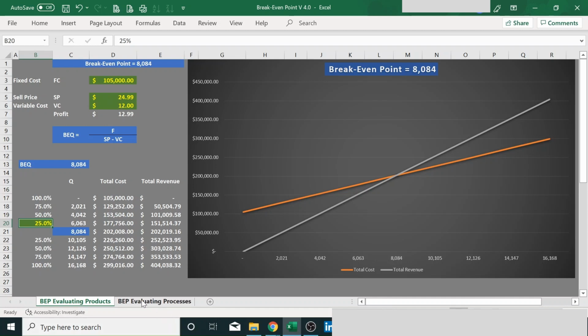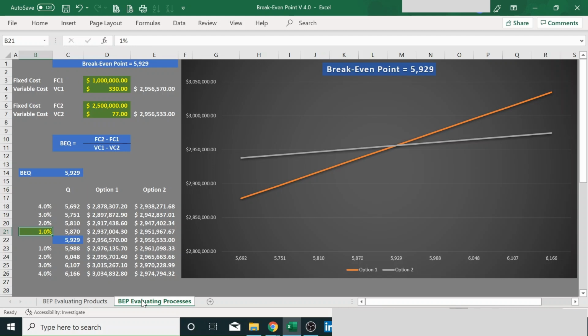Now we go on to break-even point for evaluating processes, and this is a little bit different.